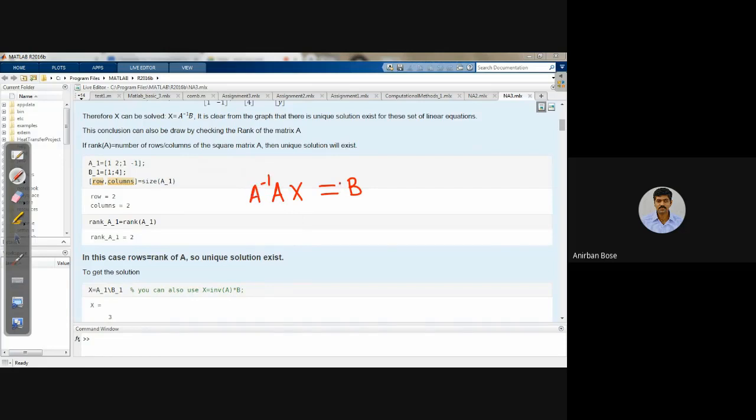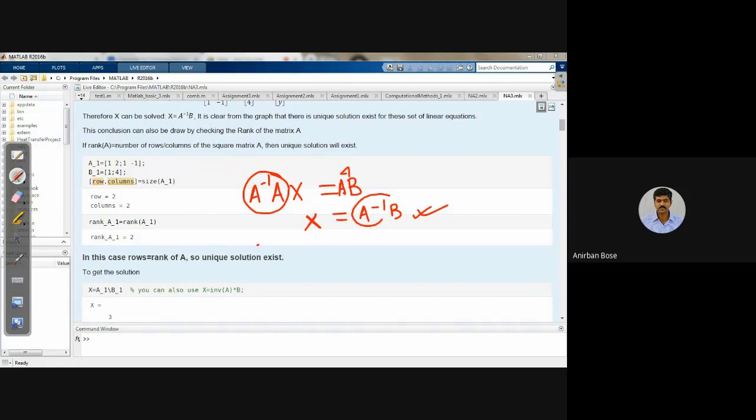A inverse, and then this quantity will become the identity matrix, so X will become A inverse B. Okay, so this will be the solution.